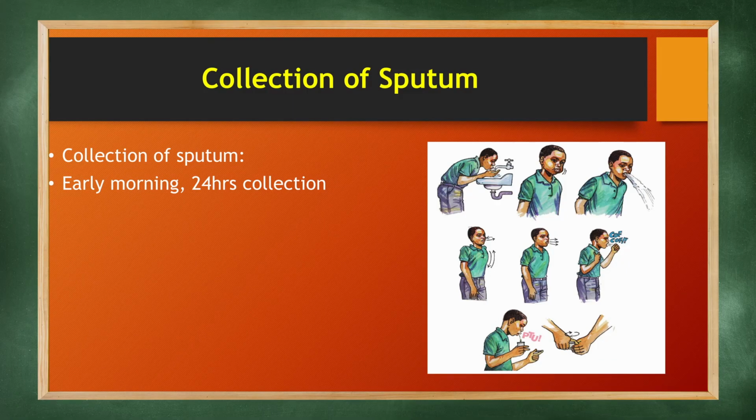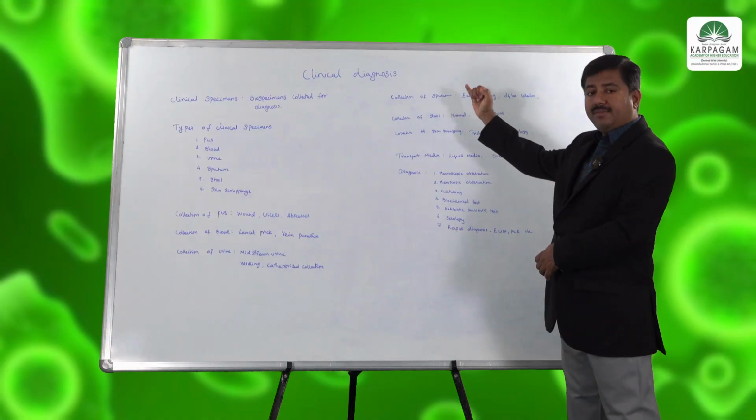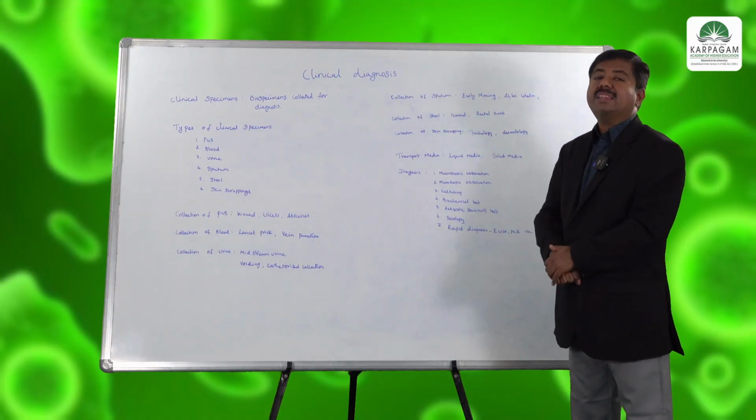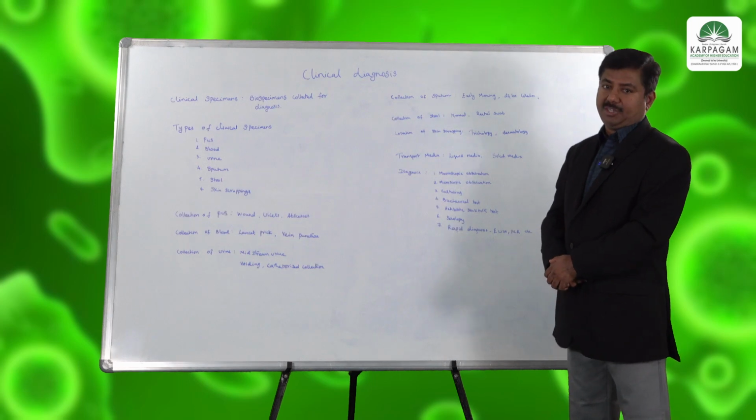The next collection is the collection of sputum. This is also a very critical procedure, because the first thing the laboratory personnel has to do is instruct the patient to give the sputum specimen with less salivary contamination.